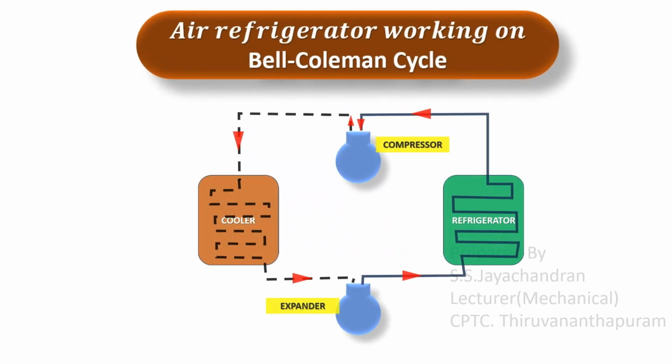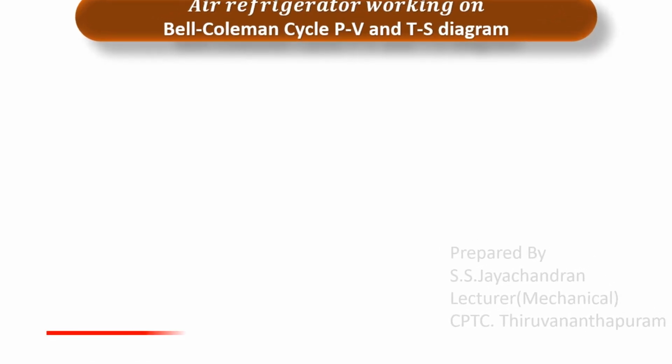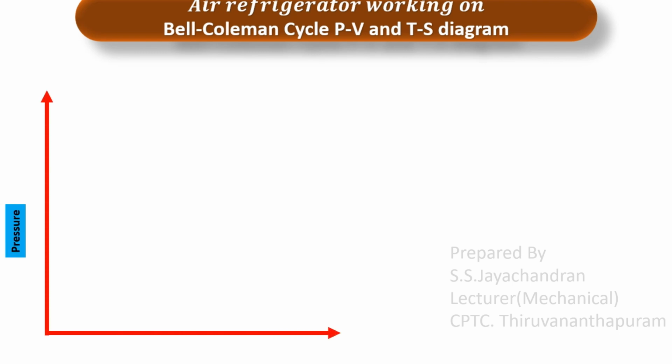The schematic arrangement of an air refrigeration cycle working on the Bell-Coleman cycle is shown here. The pressure-volume and temperature-entropy diagram of the air refrigeration cycle working on the Bell-Coleman cycle is shown here.